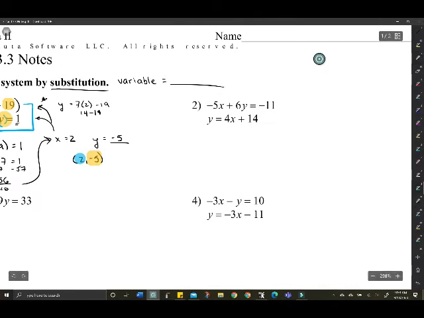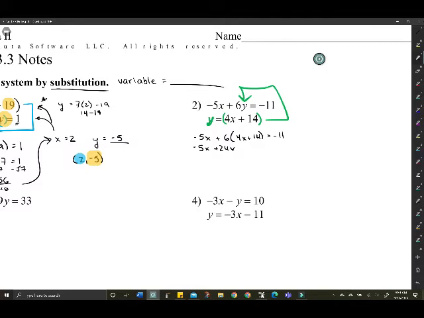Number 2 here, the second equation is solved for y. And it might not always be y, it might be x, but it's the same process. So we're just going to plug it in for y there. Negative 5x plus 6 times 4x plus 14 equals negative 11. Negative 5x plus 24x, 6 times 14 is 84, equals negative 11.